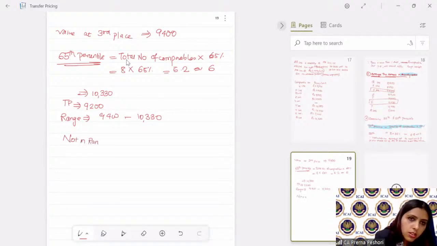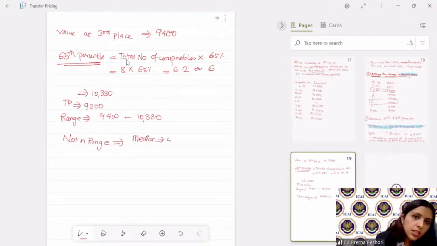So what will be the TP addition? Will you add 9,400 minus 9,200, or will you add 10,330 minus 9,200? I am saying I am not in range. So if it is not in range, you will take the median.